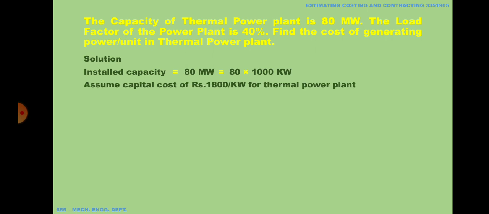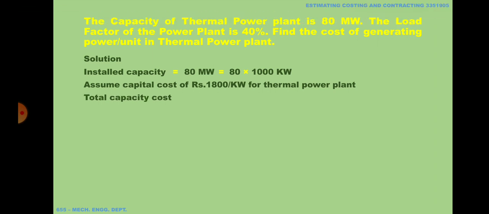Now assume a capital cost of rupees 1800 per kilowatt for the thermal power plant. This means for producing 1 kilowatt power, there will be a cost of rupees 1800.